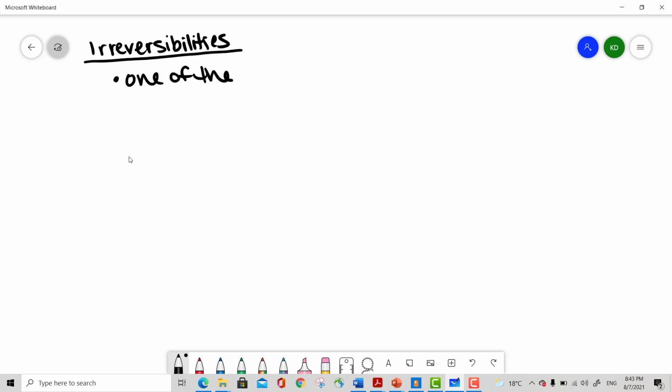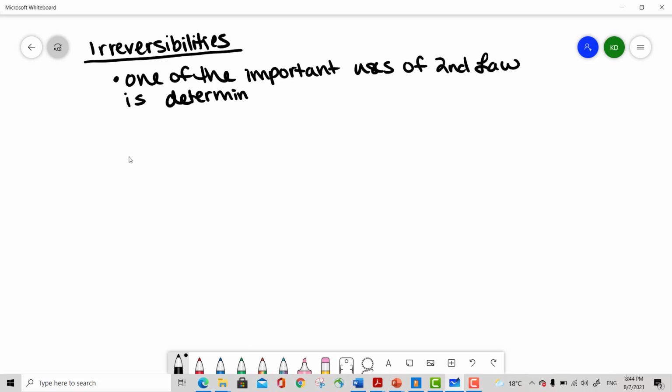One of the important uses of the second law is determining the best theoretical performance of systems.